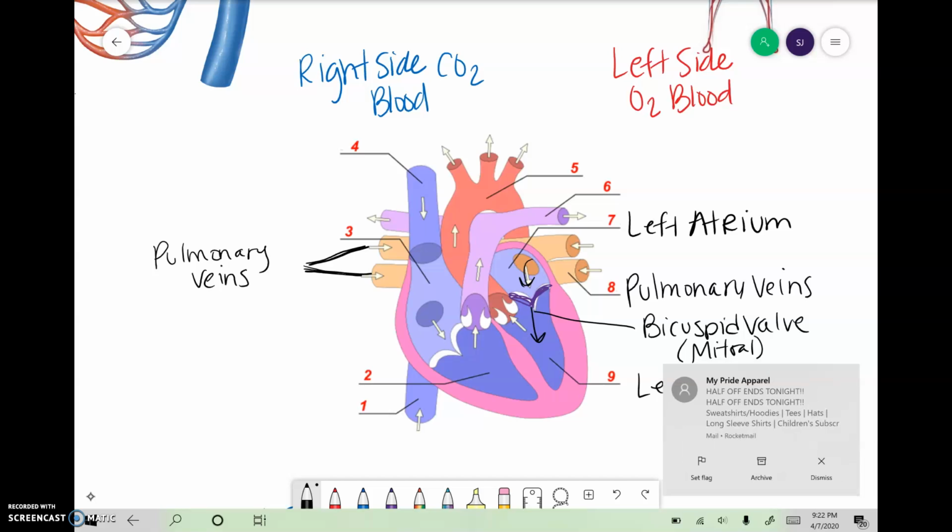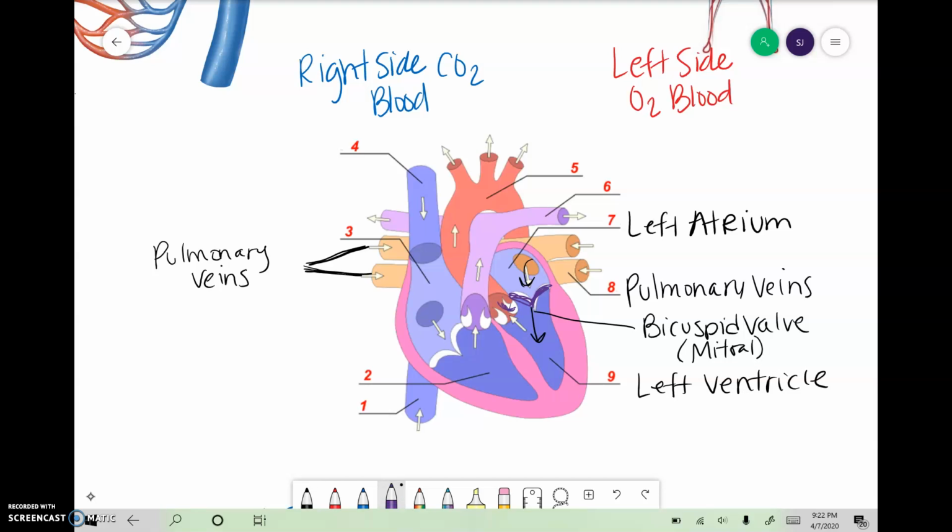Okay, it will make a U-turn going upward here. Okay, so it will make a U-turn and it will pass through, let me clean this up a little bit. Okay, so we have our valves here and these are called the aortic semilunar valve.